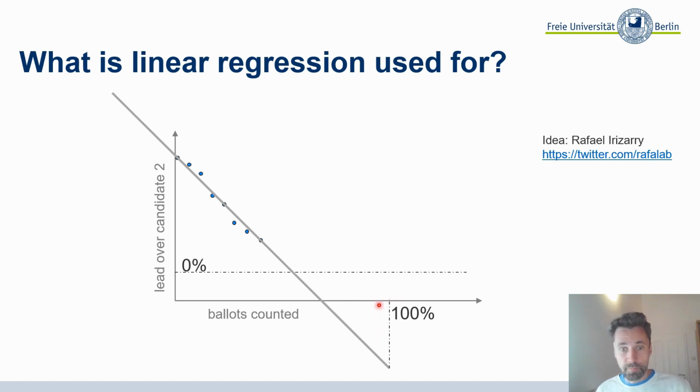This difference here, this y value, would then be our estimate of how much the second candidate would have gained over the first candidate. And this has been done by a statistics professor at Harvard. I recommend visiting his Twitter feed. You'll find a couple of other interesting statistics plots in data.